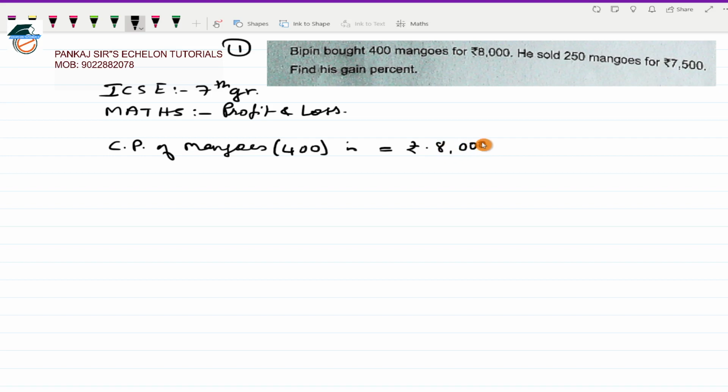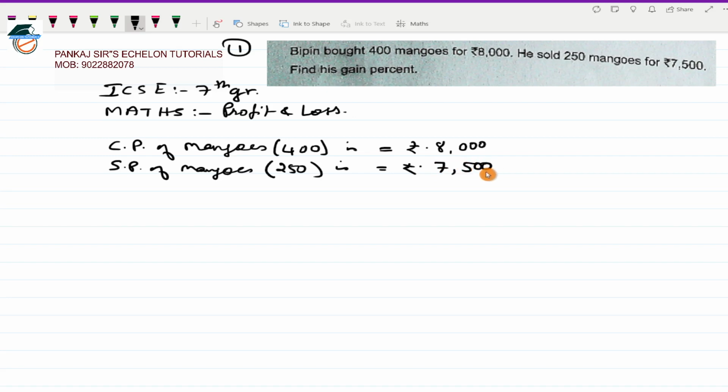Okay, fine. So the cost price for 400 mangoes is rupees 8,000. He sold 250 mangoes. So the selling price of mangoes is given, but this is given for only 250 mangoes. So the selling price of 250 mangoes is given as rupees 7,500.